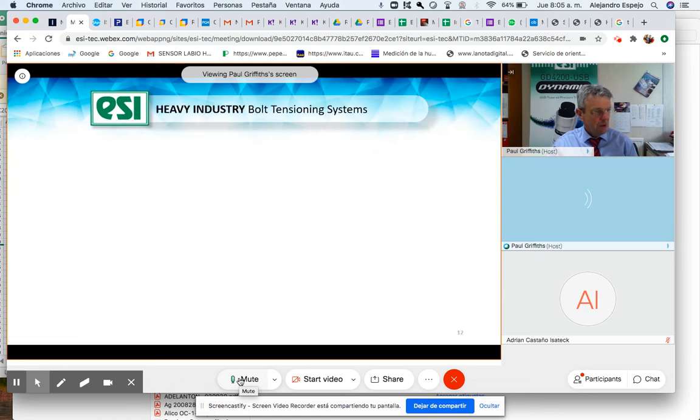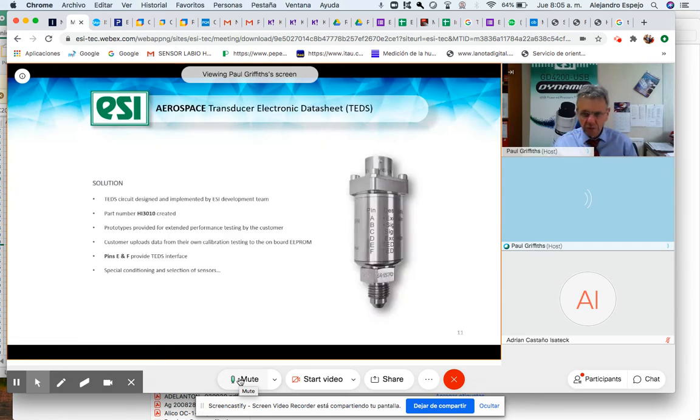In our case, this market is just for research. Could be research, anywhere that carries out intense research. They want to put the system through high temperatures, high pressures, dynamic pressures.